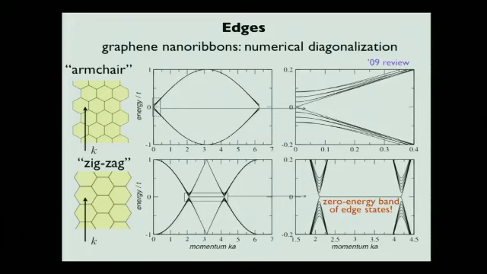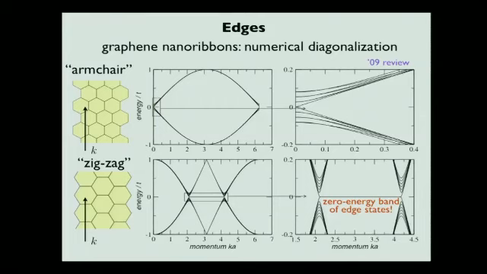Now, there's another shape of the boundary, which is called armchair, also maybe for obvious reasons. And it turns out that if the edges are of this type, there are no edge states. So edge states are restricted to the zigzag configuration.